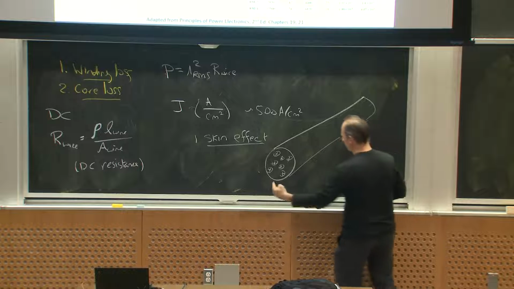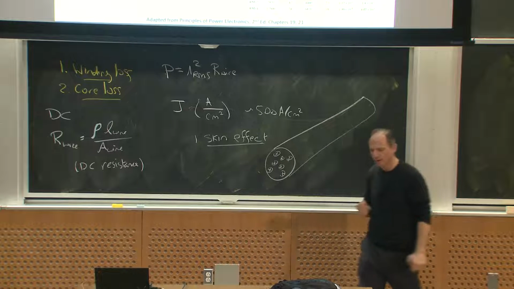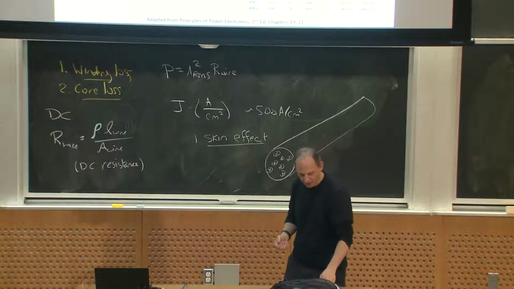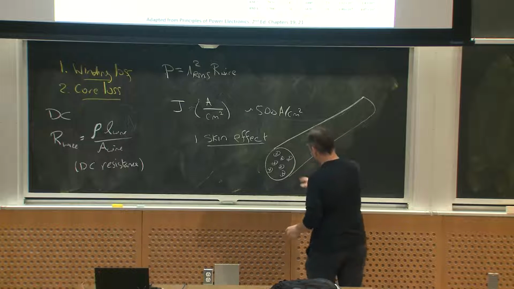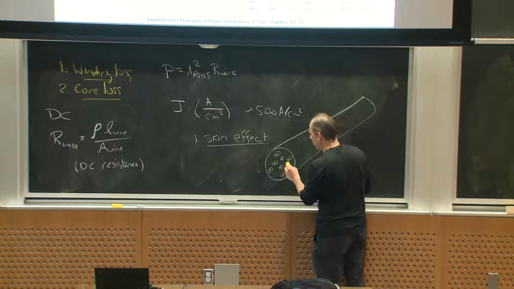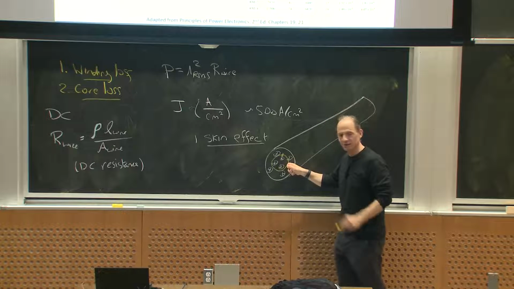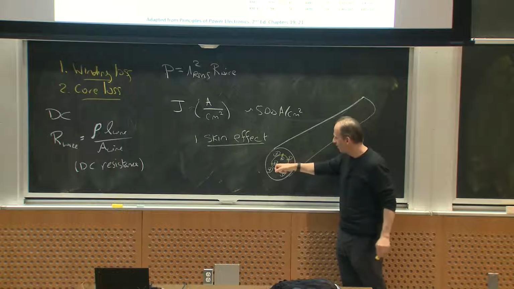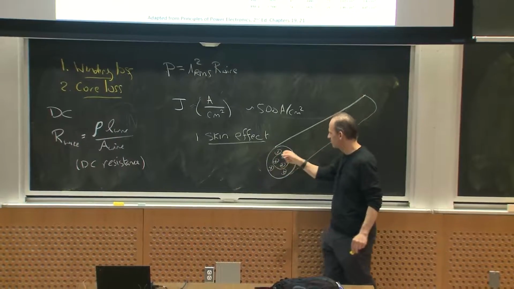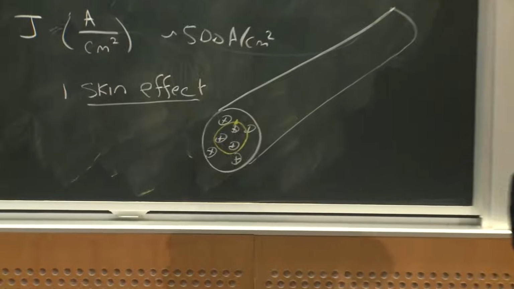But now I have this AC current going into the wire, and that AC current develops a magnetic field. The current in the middle of the wire is going to generate an H field in the wire and hence a B field in the wire. That represents magnetic flux being carried around inside the wire.